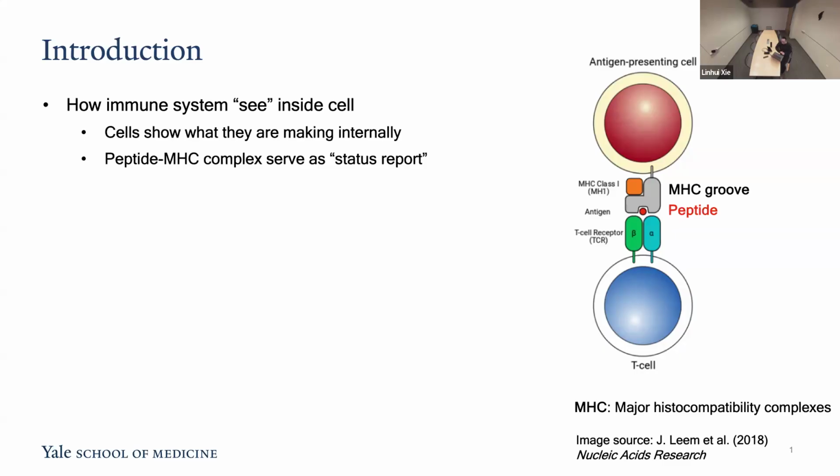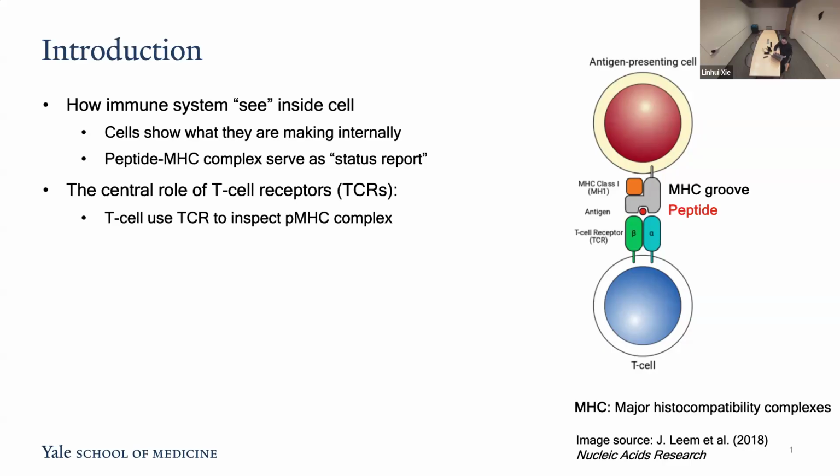Additionally, think of every cell in our body as having a window to display. It constantly takes a small piece of the protein it's making inside the cell and puts it into this window for the immune system to inspect. This window displays something like a status report or cell barcode so that T-cell receptors can scan it.